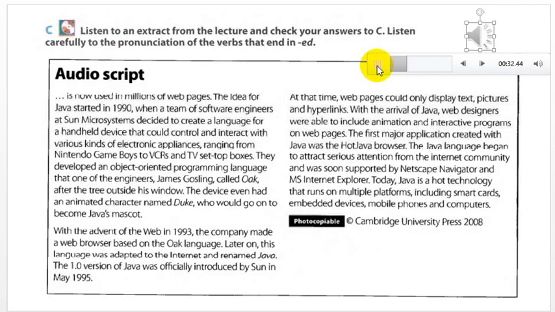They developed an object-oriented programming language that one of the engineers, James Gosling, called Oak, after the tree outside his window. The device even had an animated character named Duke, who would go on to become Java's mascot. With the advent of the web in 1993, the company made a web browser based on the Oak language.